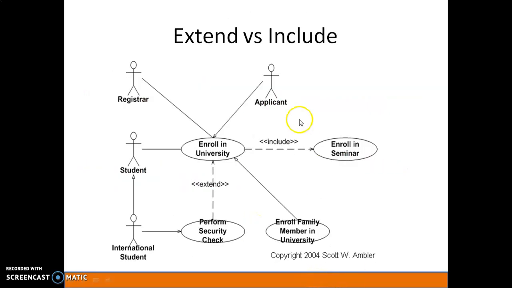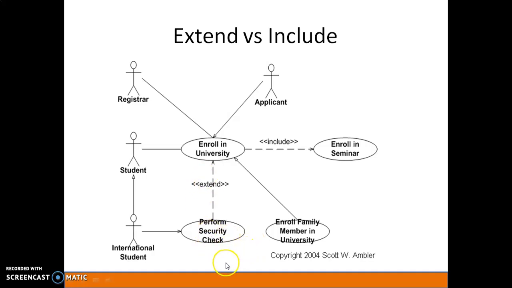Then, extend versus include is clearly shown when we have to enroll in a university. These are the different actors: first is the registrar, applicant, and student. The student may be an international student or not. Then how does the enrollment get done?